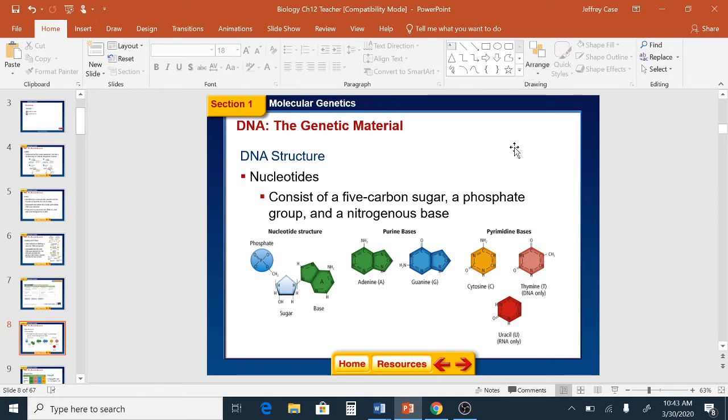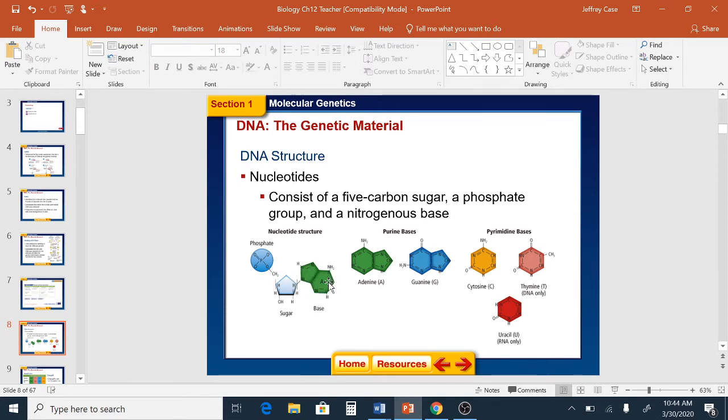Nucleotides. Nucleotides consist of a 5-carbon sugar, which is right here, a phosphate group, and a nitrogenous base. And this nitrogenous base is what changes within DNA structures.